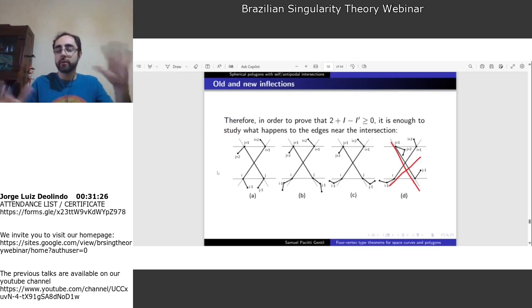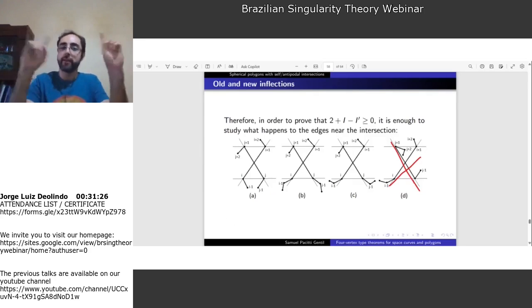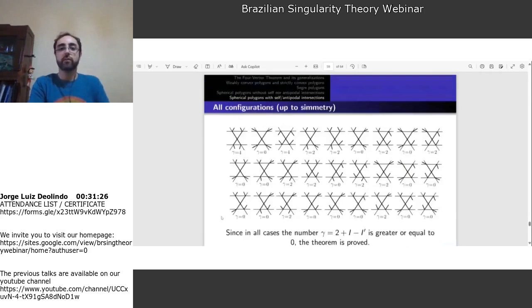Actually, the number of configurations is greater than that. I'm just picking some of the examples, but the idea is simply to compare the number of inflections of the original polygon with the number of inflections of the new polygon. And this can be done by analyzing, again, a finite number of configurations, which are, up to symmetry, the following ones.